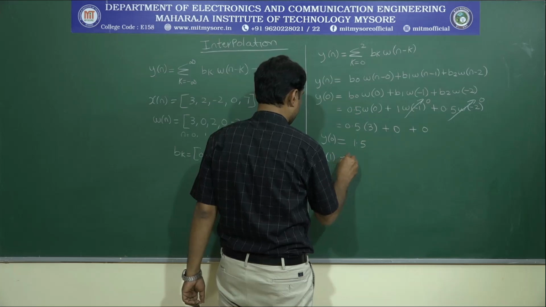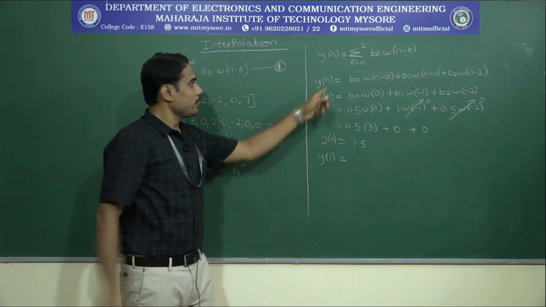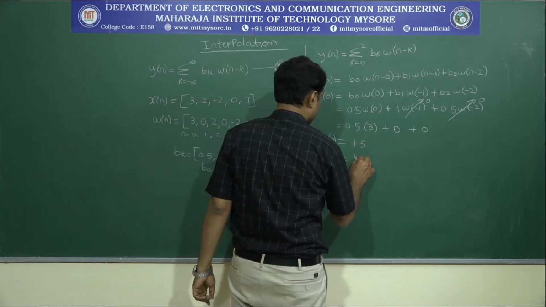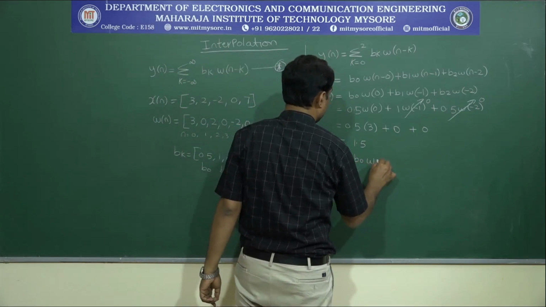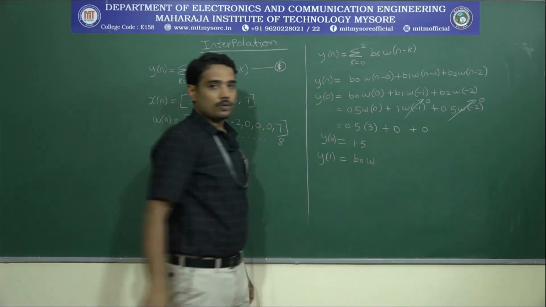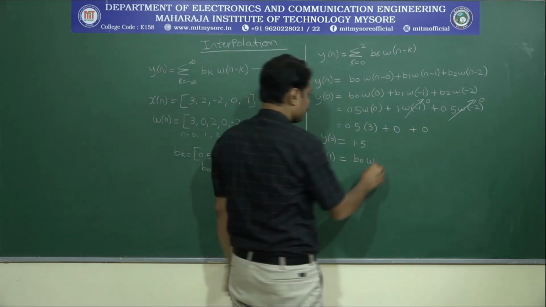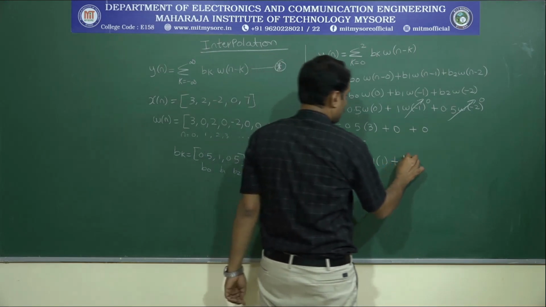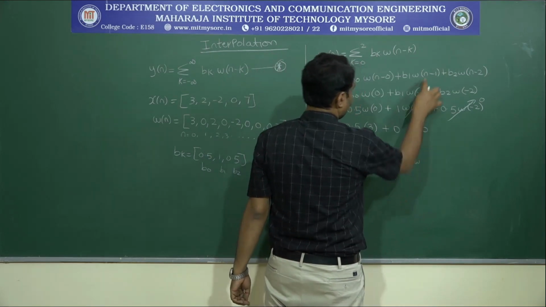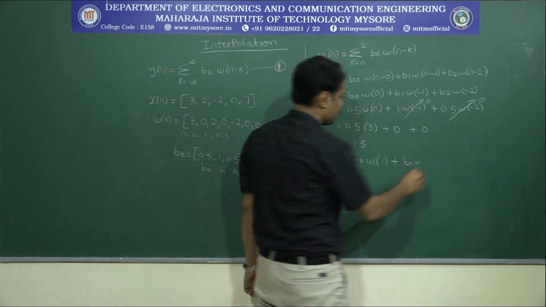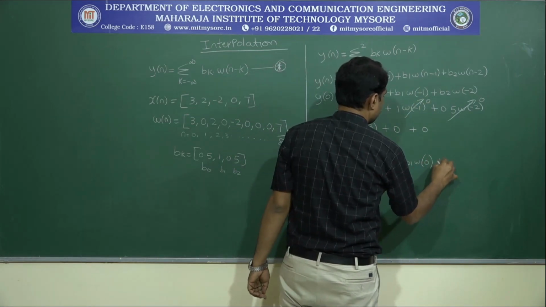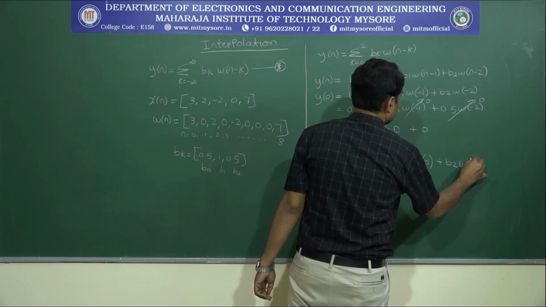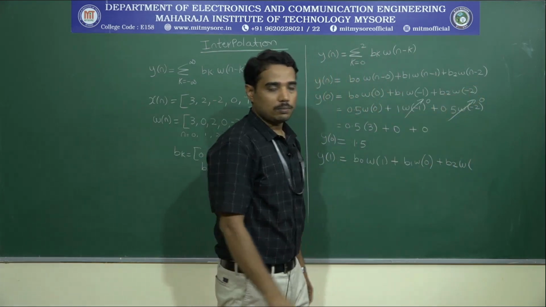y of 1. That means I have substituted n is equal to 1 here. With that, I can write b0 into w of 1 minus 0, that is 1, plus b1 into w of 1 minus 1, that is 0, plus b2 into w of 1 minus 2, that is equal to minus 1.